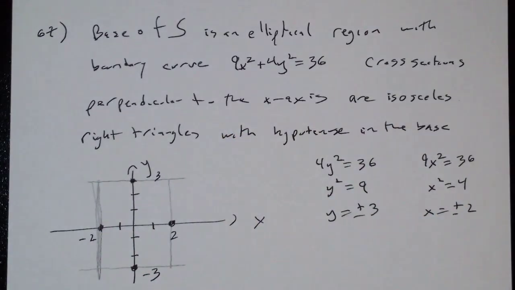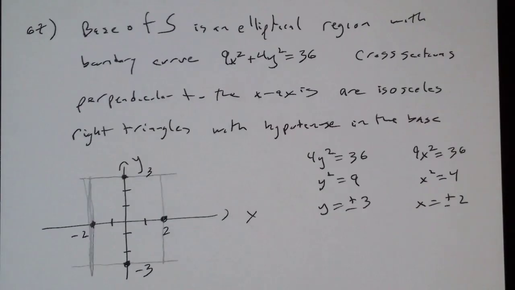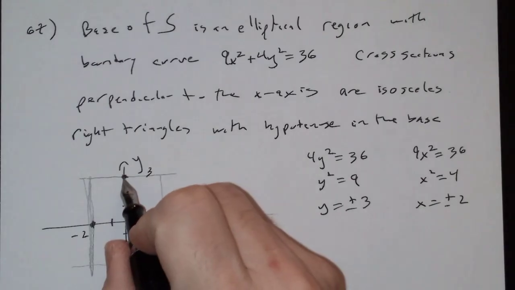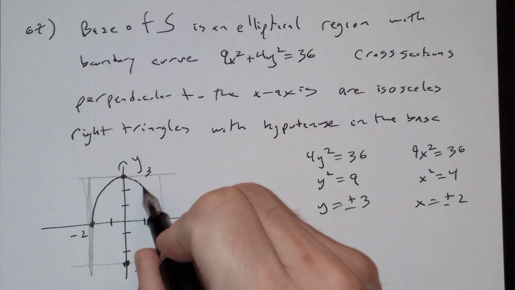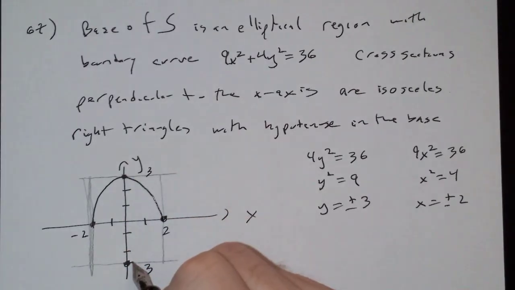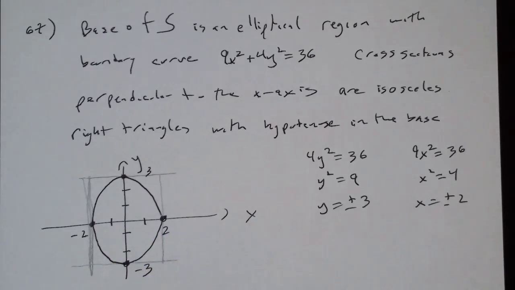My ellipse lives inside this box, and it touches those 4 points and is tangent to the straight lines that make up the sides of this box. So when I draw this ellipse, it kind of looks like that.